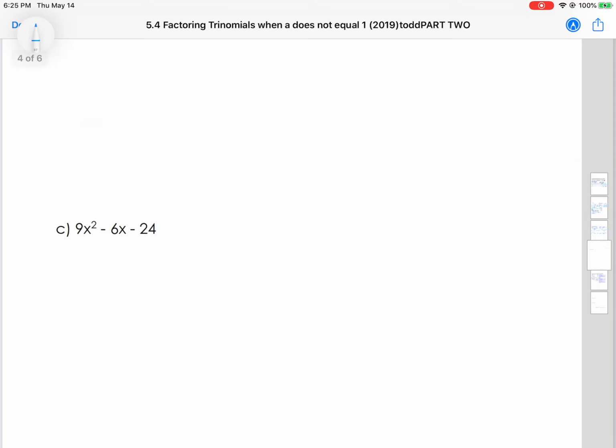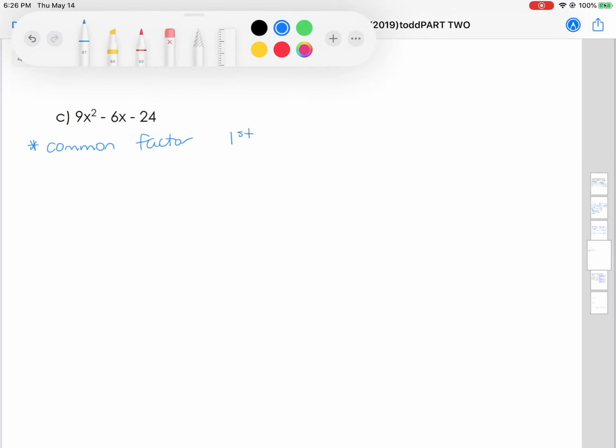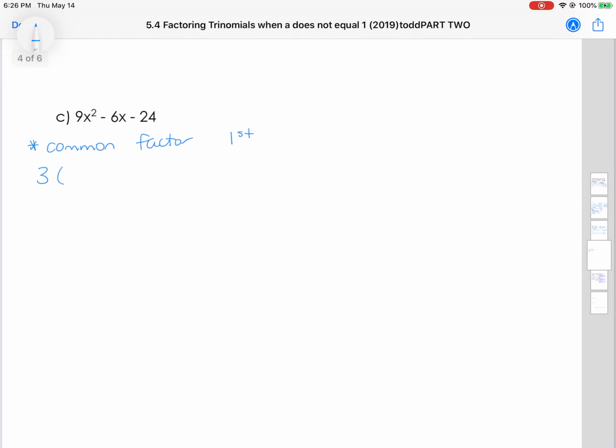You can also do one where you have to common factor. Oops, not 9, sorry. It can't be 9. We're going to divide by 3.